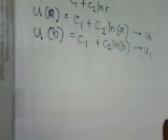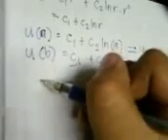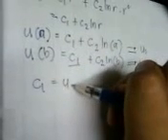So solving for c1, we have c1 is equal to u sub o minus c2 ln of a, and solving for u1 is equal to u sub o minus c2 ln of a plus c2 ln of b.